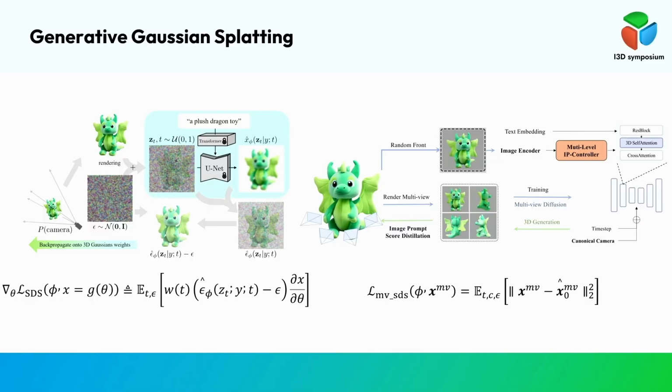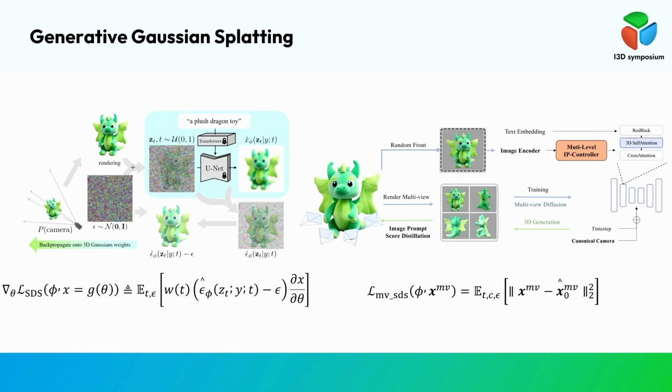Score distillation sampling proposed by Dream Fusion can optimize the 3D Gaussians by measuring the difference between the Gaussian noise added to the rendered image and the predicted noise, providing a direction for updating the parameters. We integrate the multi-view diffusion model into our pipeline, using SDS based on 4 generated views.